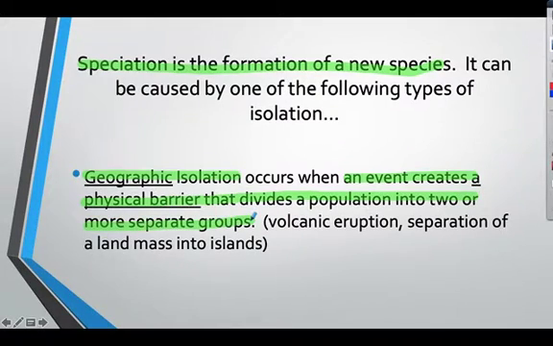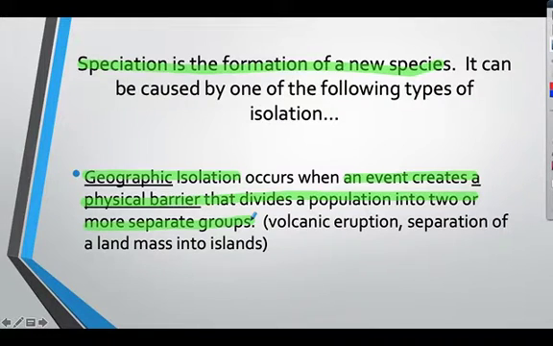So an event creates a physical barrier, and that barrier divides a population into two or more separate groups. So it could be a volcanic eruption that causes a barrier of rock or whatever that splits a species into two different groups, or maybe separation of a landmass into islands.